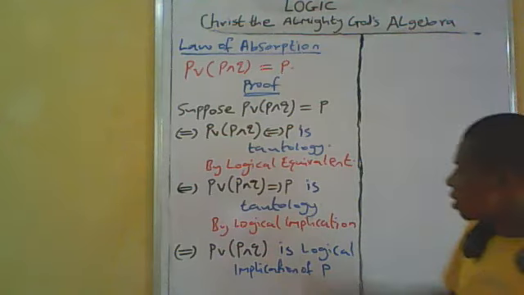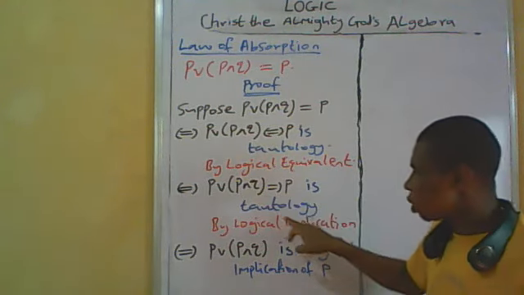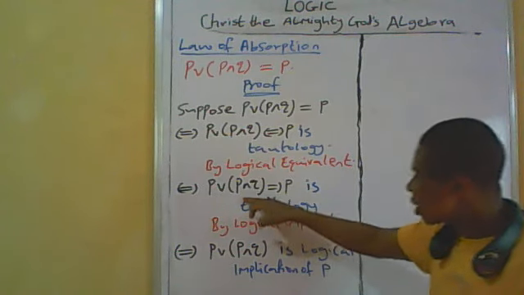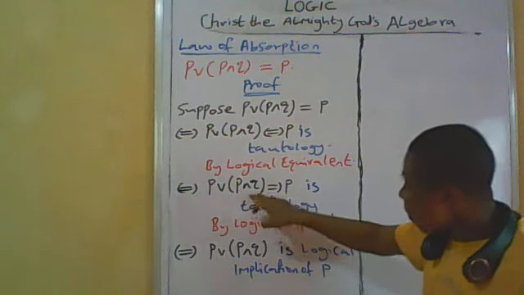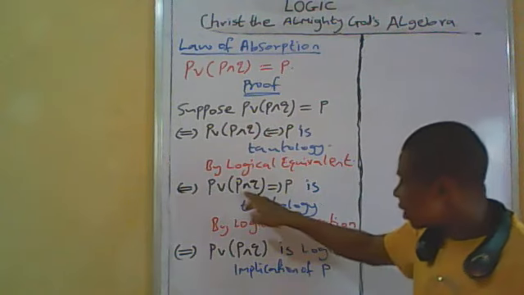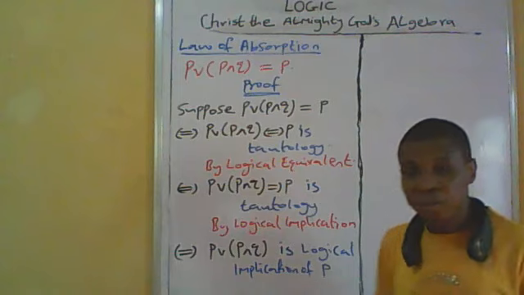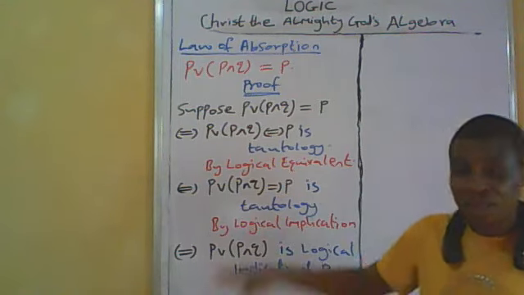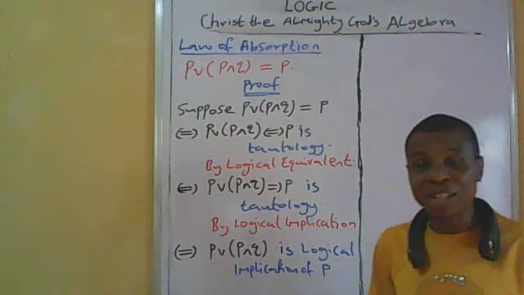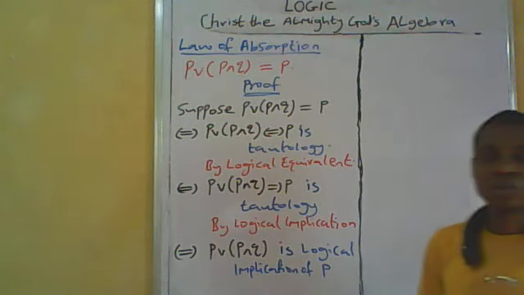In the sense that since this is a conditional statement and it is a tautology, this antecedent is a proper implication of the consequent P. Since the antecedent is a proper implication of P, it is certain that the antecedent exists. Since it is certain that the antecedent exists, you say that the antecedent is a logical implication of the consequent.